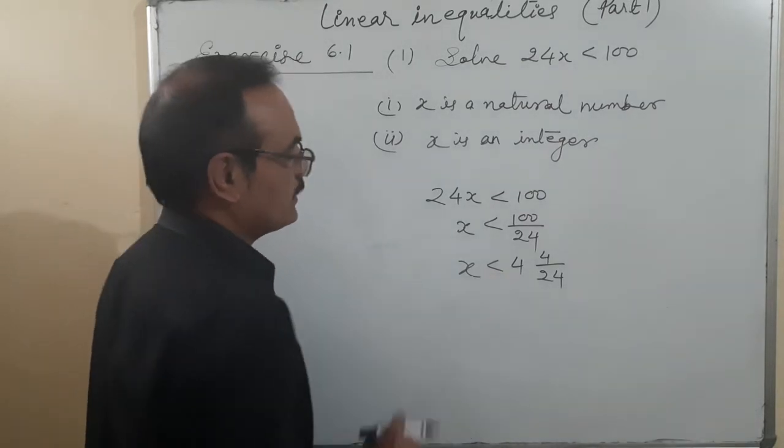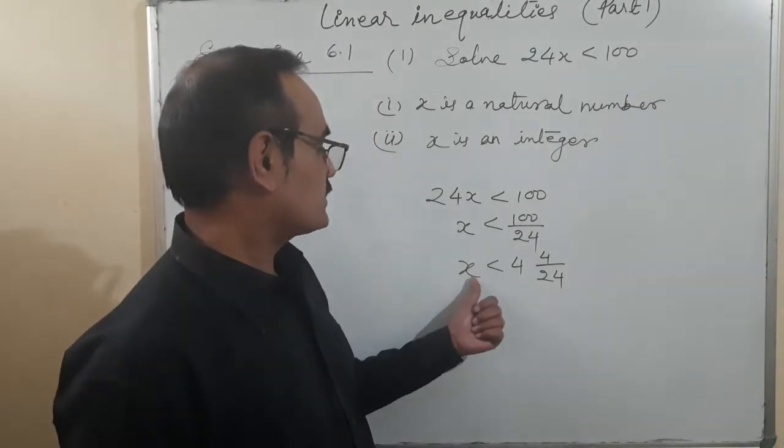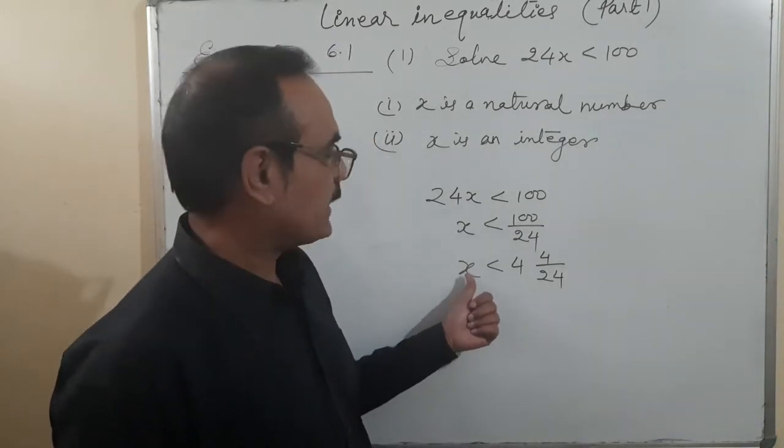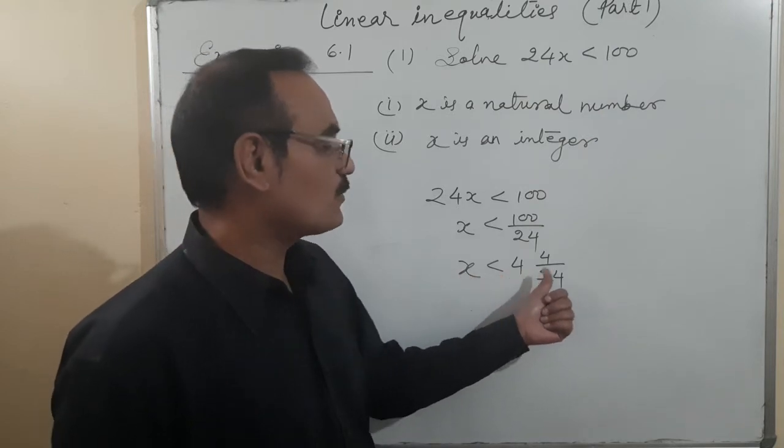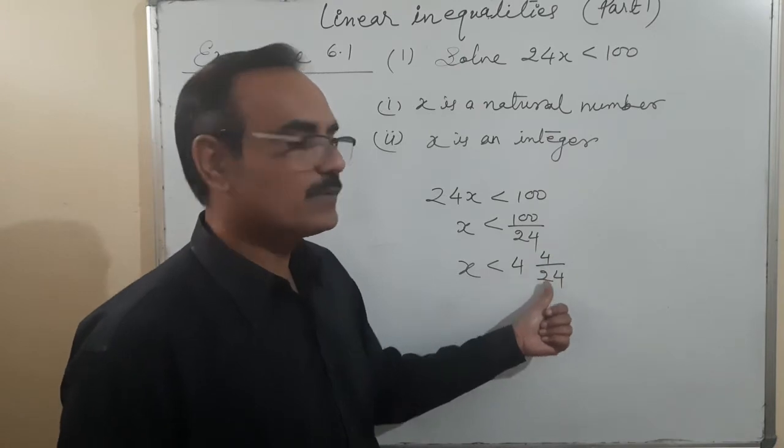And this sign is not here. x is less than 4 whole 4 upon 25. What does it mean? This x is less than 4 plus something. This is the value of that term. 4 whole something.